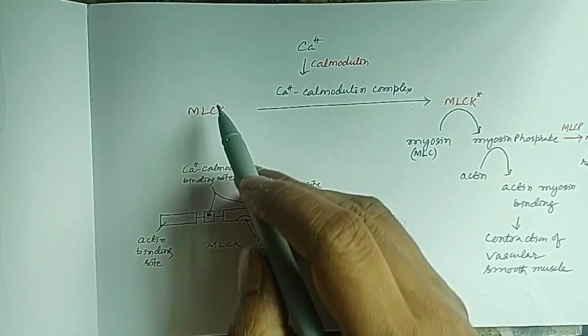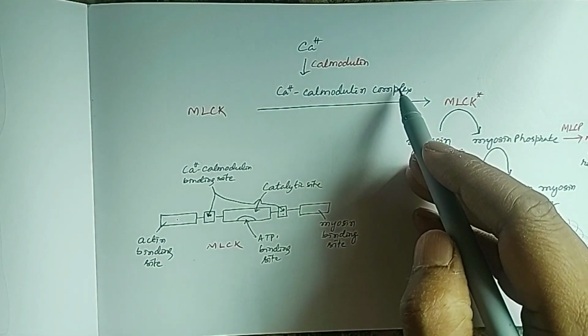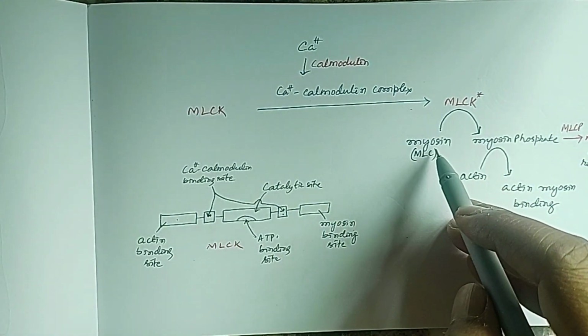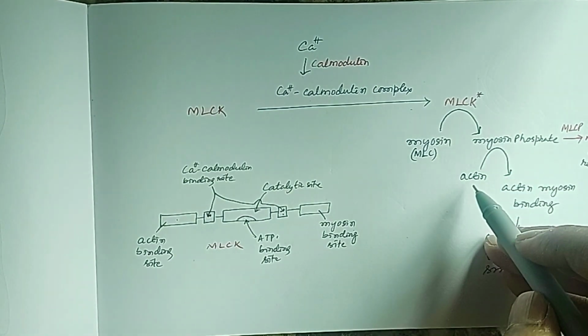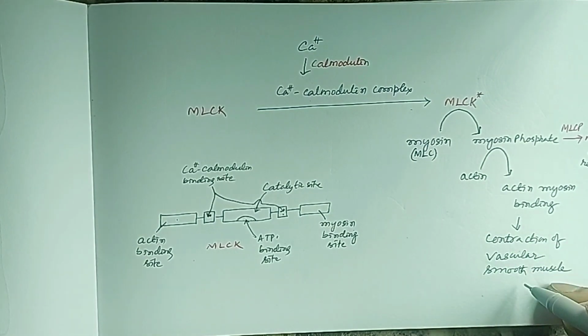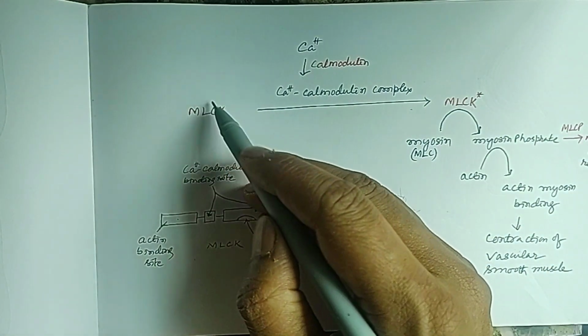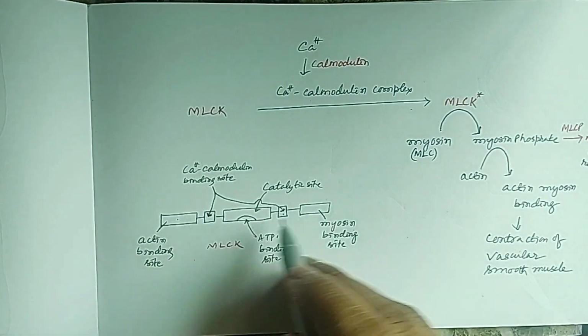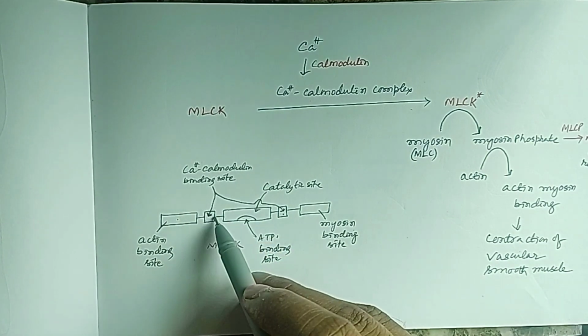Myosin light chain kinase, when activated in the presence of calcium calmodulin complex, phosphorylates myosin to myosin phosphate. Now this myosin has the energy to bind with actin, and there will be actin myosin binding, which causes contraction of vascular smooth muscles. If you see this enzyme, there are two calcium calmodulin binding sites.